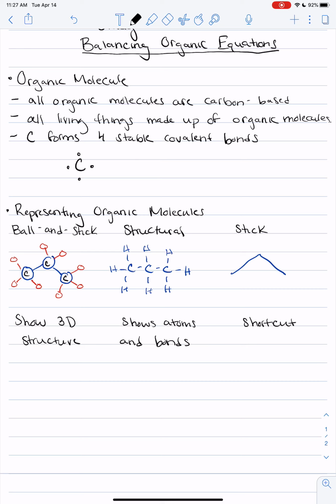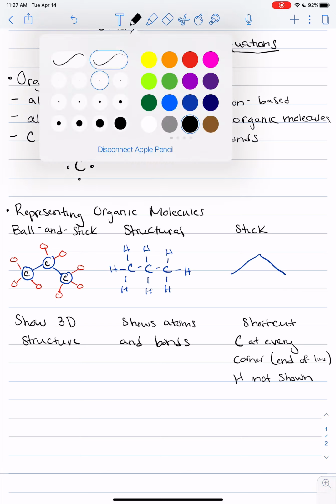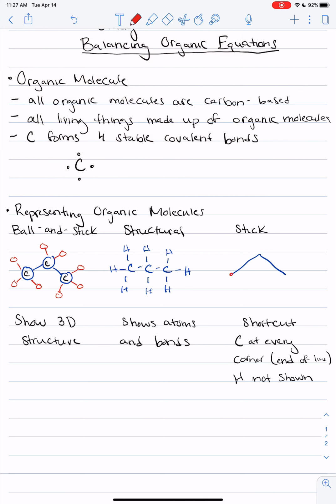But we know that there is a carbon at every corner, or at the end of a line. Okay, and the hydrogens are not shown. Okay, so we would know looking at the stick model that there's a carbon here, and a carbon here, at the end of each line.